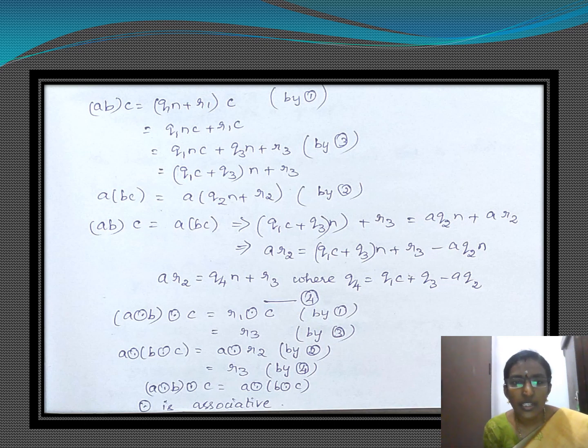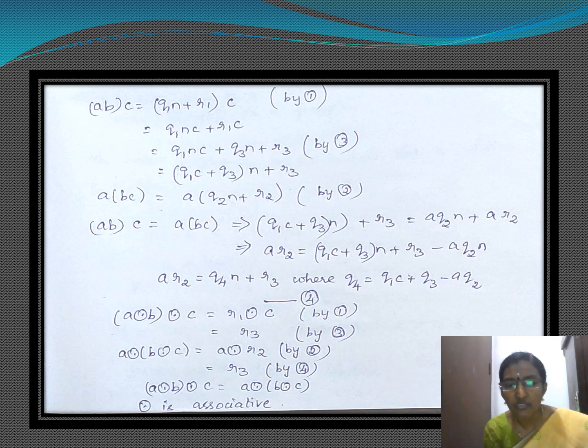Now, (ab)c equals (q1n + r1)c. By using equations 1 and 3, we get (q1c + q3)n + r3. And a(bc) also equals a(q2n + r2). (ab)c equals a(bc).